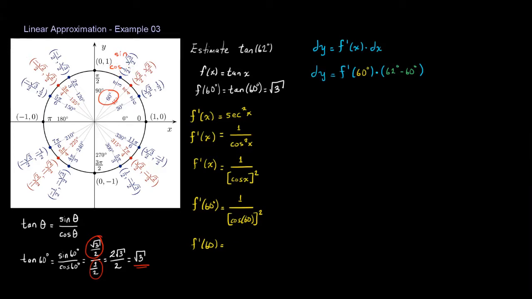So it will be 1 over 1/2 squared, which on the denominator will be equal to 1 over 4. So we can conclude that f prime of 60 degrees is equal to 4.